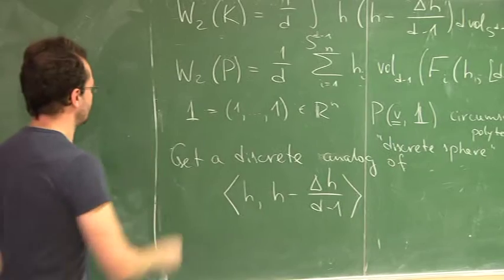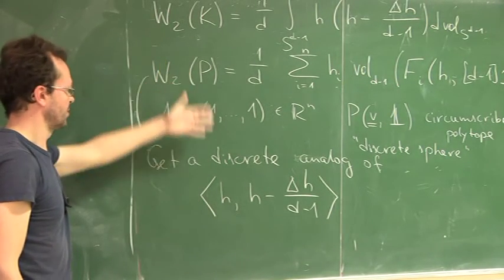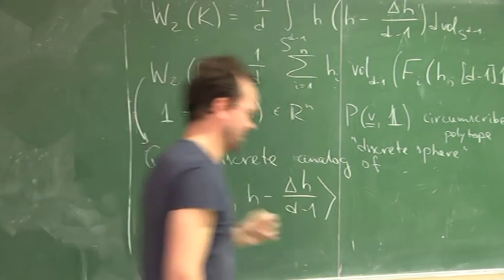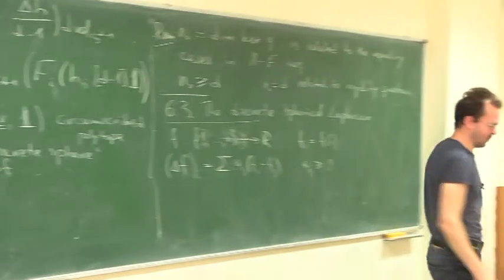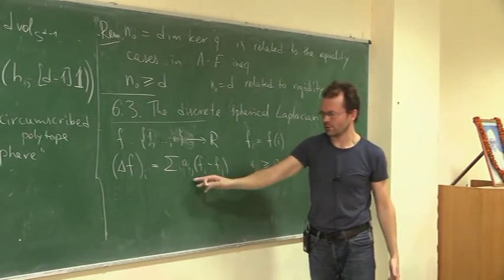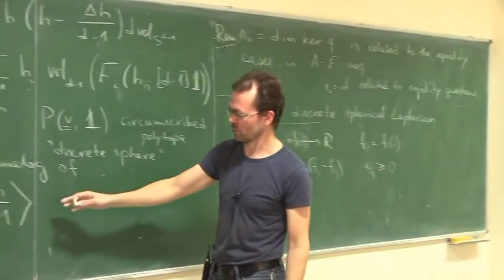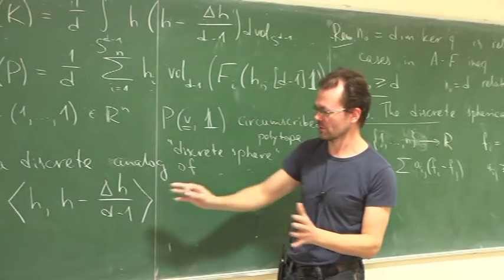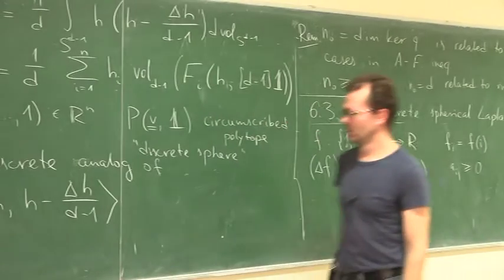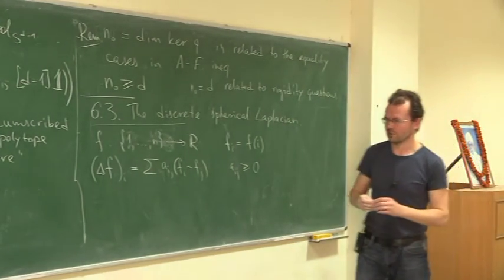So from this formula, one can, by definition, somehow say that the best one could do is to say what the coefficients are and to define the spherical Laplacian like that. What is directly possible is to define the Laplacian in a weak sense, by saying how it acts, so what is its L2 product with any other function.